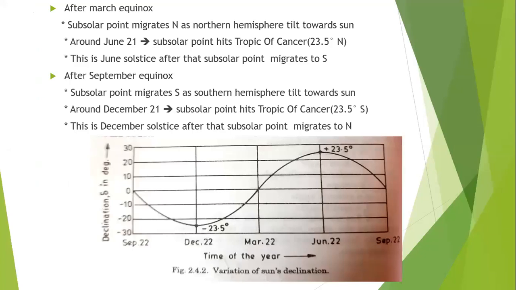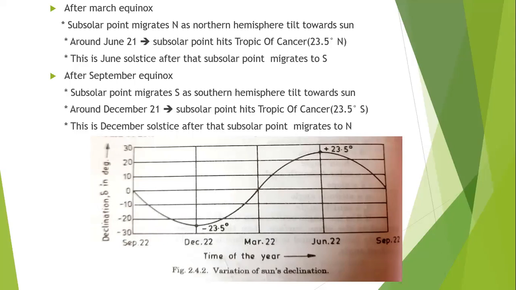So after the March equinox, the subsolar point migrates north because the northern hemisphere will be tilted towards the sun. Whichever hemisphere tilts towards the sun, the subsolar point will be migrating to that side.